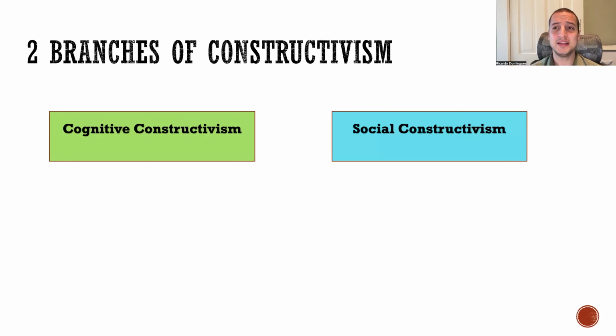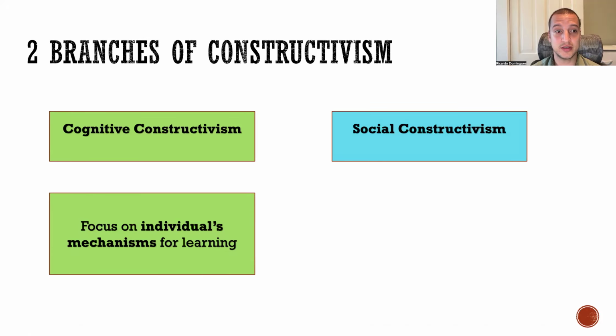So what is the main difference between those two branches of constructivism? Well, the main difference is the unit of analysis that they use to investigate the knowledge construction process. Both branches of constructivism claim that learning is the process of constructing knowledge.